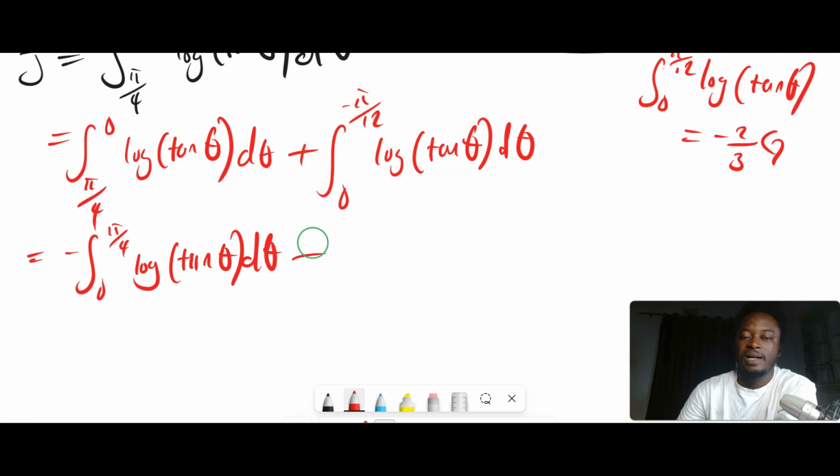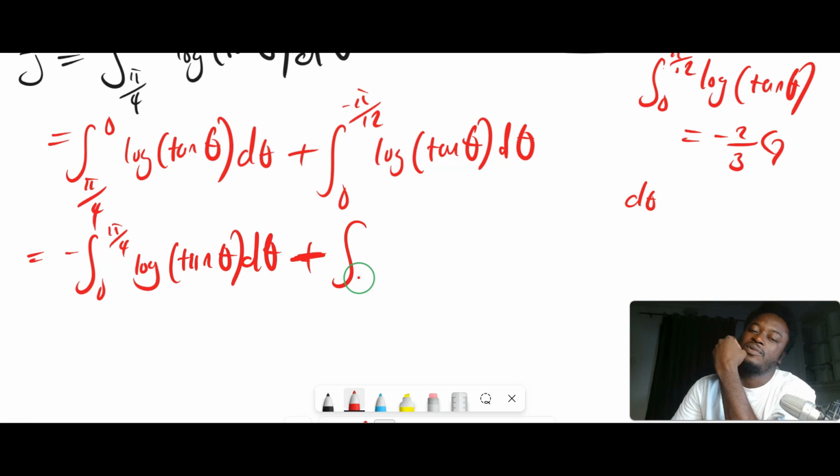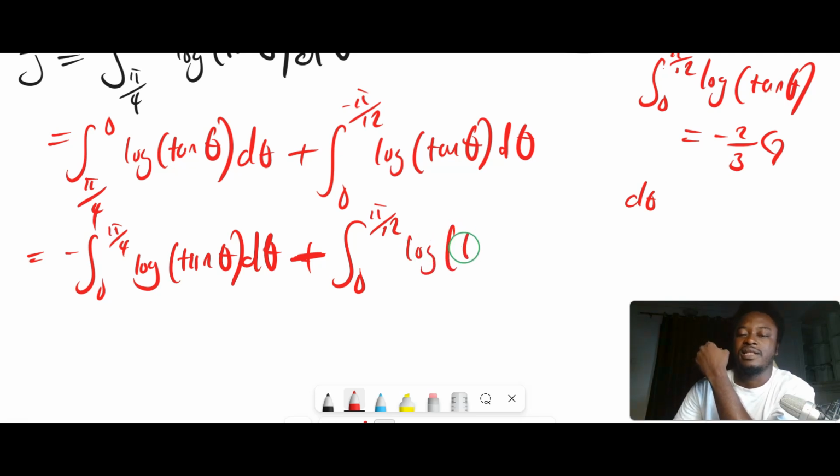On the other hand, in this part you can plug in theta to negative theta, so you would have minus the integral from 0 to pi over 12 of the logarithm of tan theta d theta.